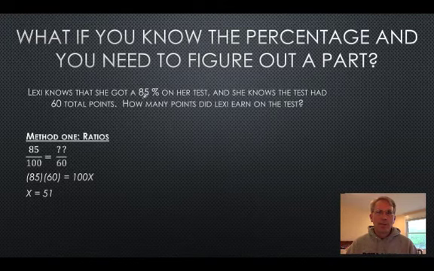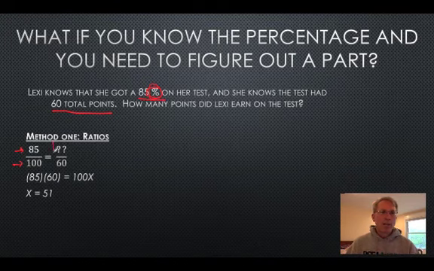So we know the percentage is 85%, and we know the total amount of points. So this time, we know that Lexi got an 85 out of 100, and I know it's 85 out of 100 because it's a percentage, and that always means it is out of 100. And we want to know what Lexi got, so the question marks, out of a total of 60 points.